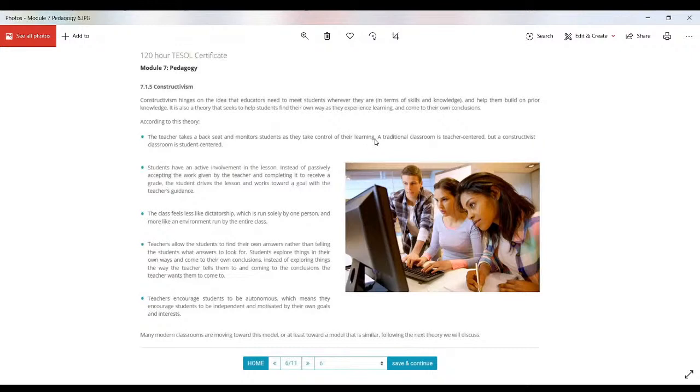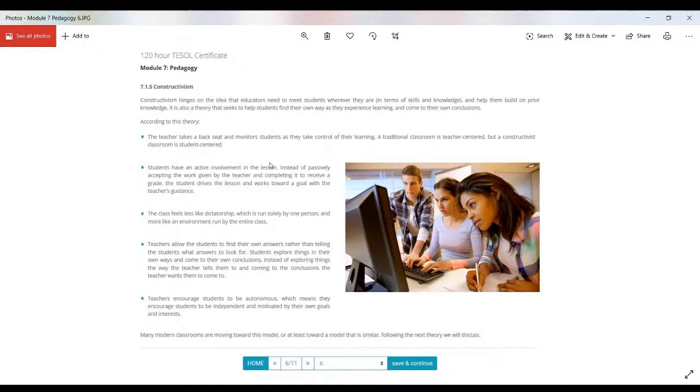Next theory is about constructivism. It hinges on the idea that educators need to meet students wherever they are in terms of skills and knowledge, and help them build on prior knowledge. It is also a theory that seeks to help students find their own ways as they experience learning and come to their own conclusions.